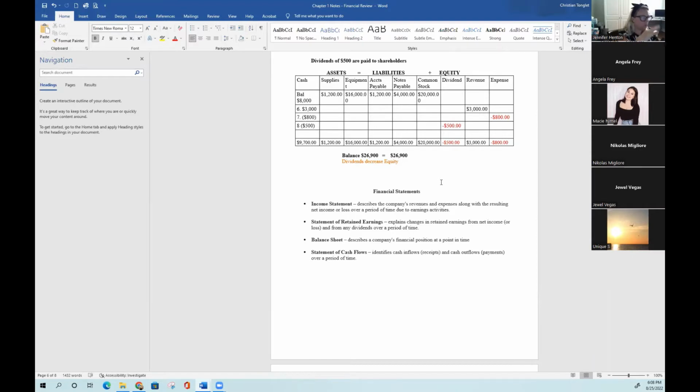And once we have all of that data in from all of the sources that come in through the business, at the end of the month or end of a quarter, you have something that you can generate, which is called financial statements.